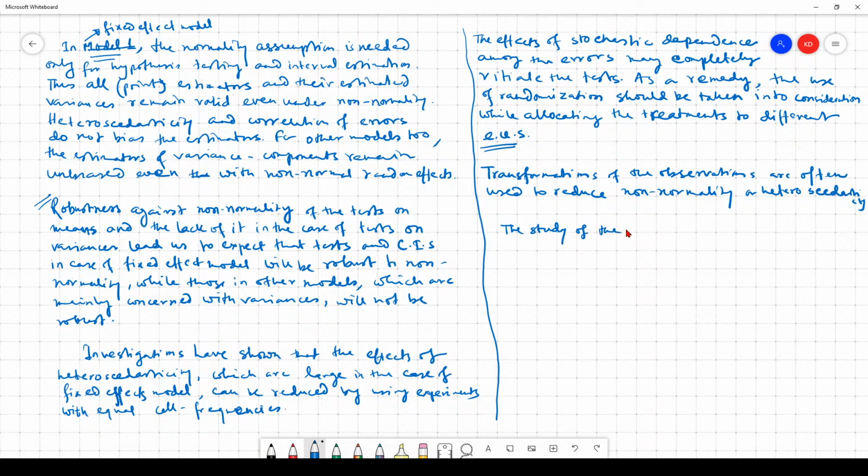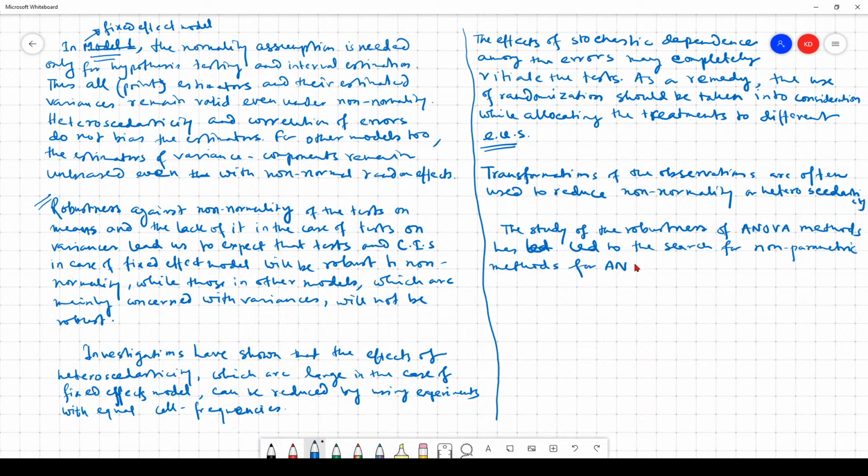The study of the robustness of the analysis of variance methods has led to the search for non-parametric methods for analysis of variance.